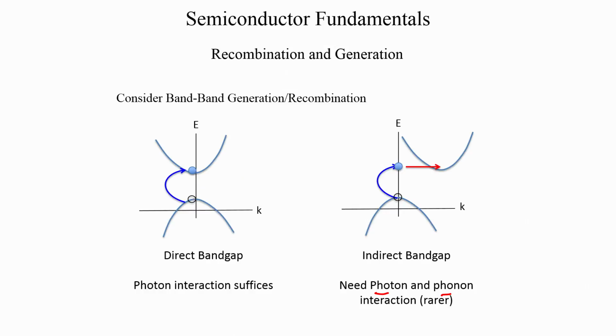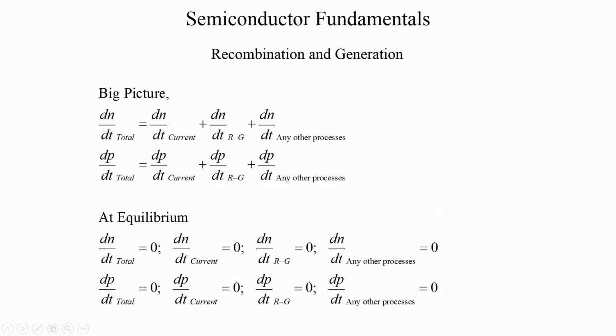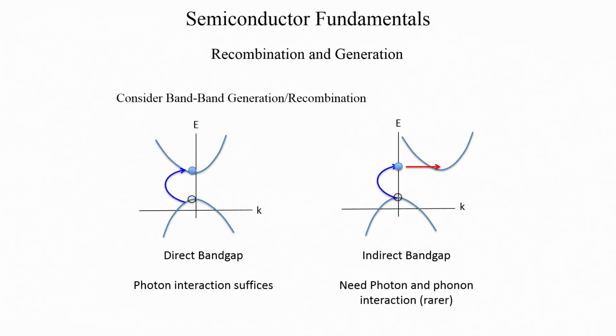Therefore, when we talk about indirect band gap semiconductors, for example silicon, the RG center based recombination generation mechanisms are quite important. They are the ones that are going to create enough carriers. So, we looked at band to band recombination generation, and we also looked at RG center based recombination generation.